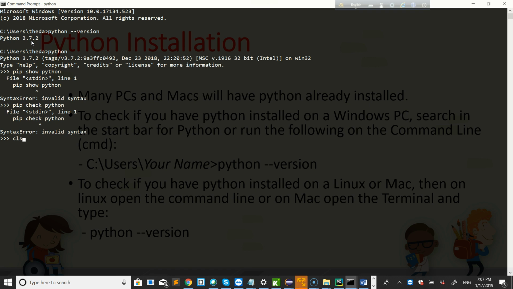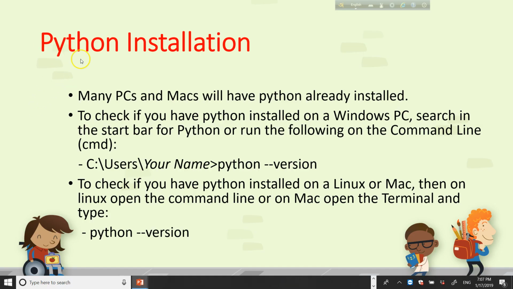I just click CLS. It cannot understand. Okay. Then what I can do is I can write exit, then parentheses, and enter. Yes, it has exited. So in PC we write python --version, and in Mac and Linux we write python --version, the same.